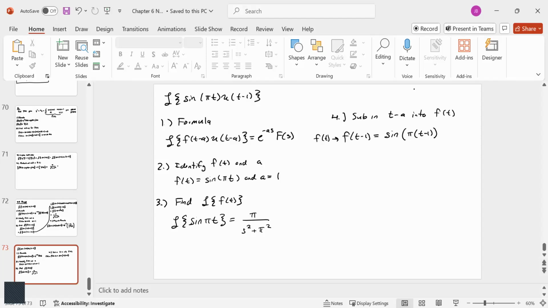And the way that I can do this is, if I distribute the pi, there is a trig identity that says sine of theta minus pi is equal to sine theta.